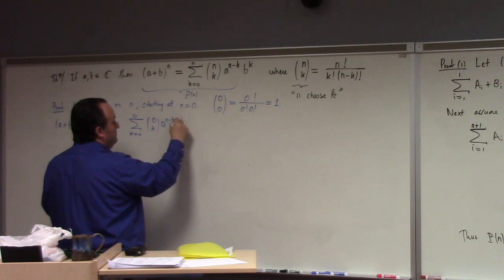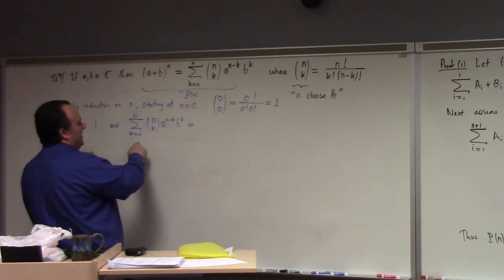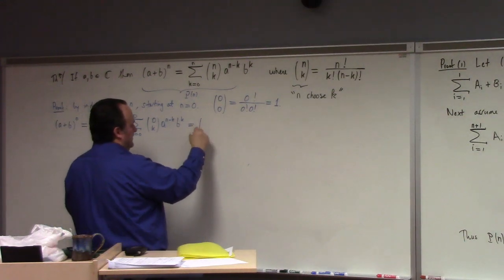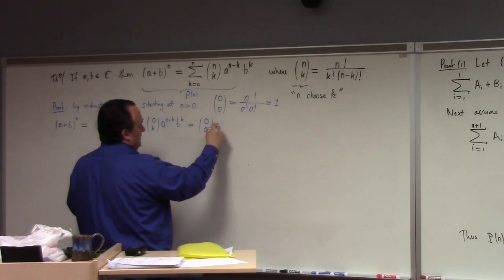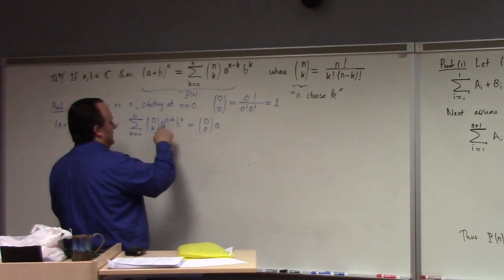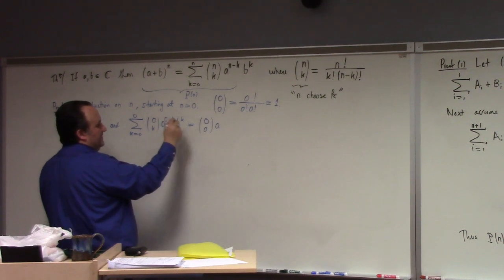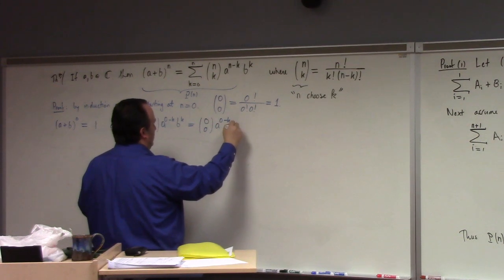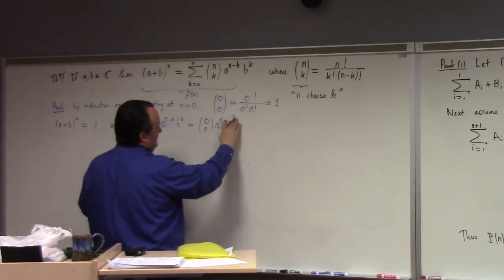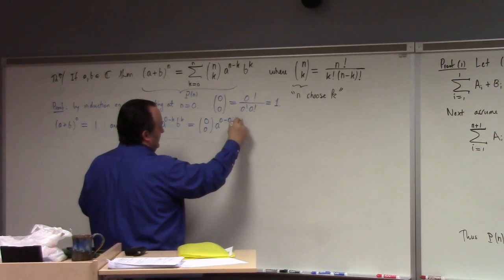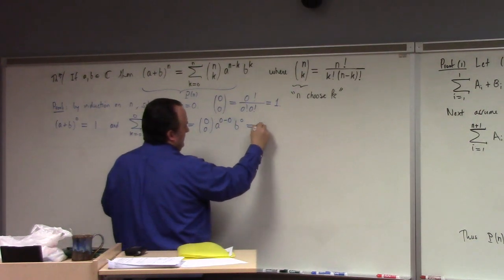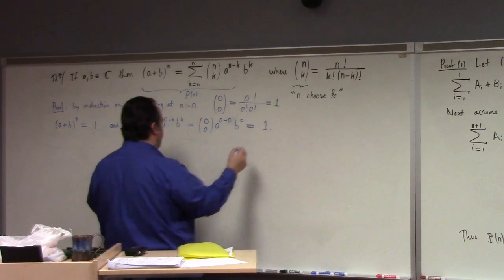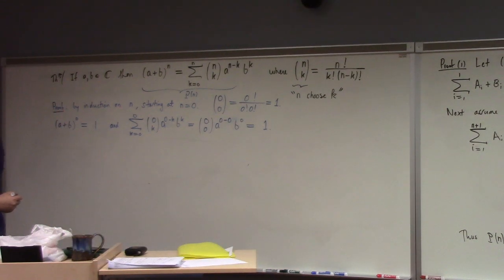So k equals 0 to 0 just puts k equals 0: we get 0 choose 0, a to the 0 minus k, but k was equal to 0, b to the 0, which is all 1 times 1 times 1, it's 1. So my point, if I can eventually make it, is that P of 0 is true. P of 0 is true.